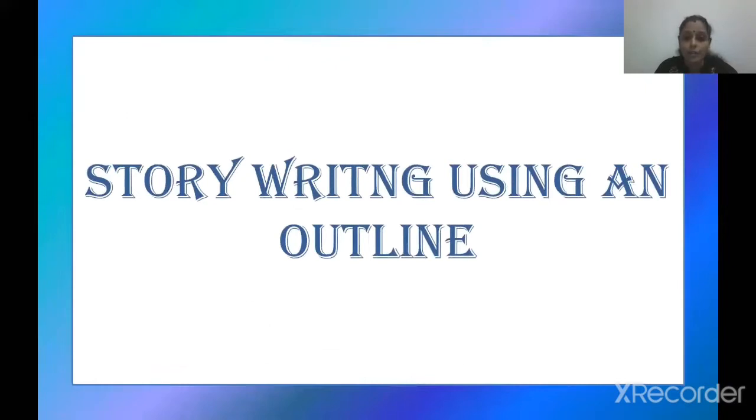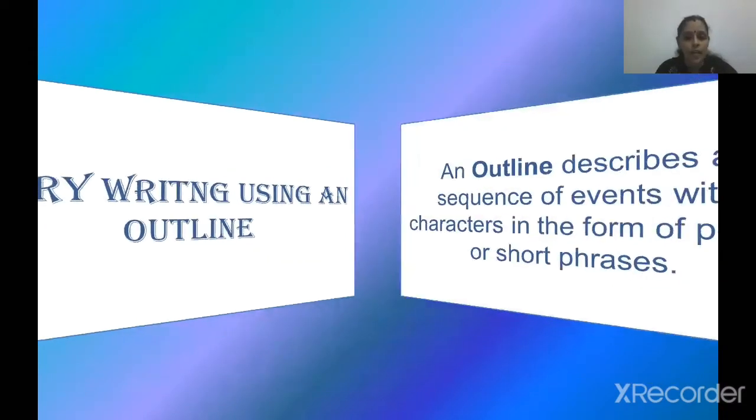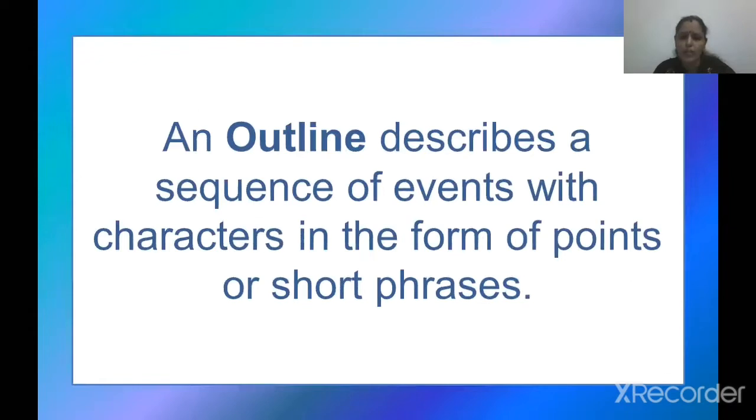We are going to learn to write a story using an outline. That means points would be given to you. Based on that outline, you're going to frame sentences and form a story. An outline describes a sequence of events with characters in the form of points or short phrases. Sequence of events means what all is happening in the story.